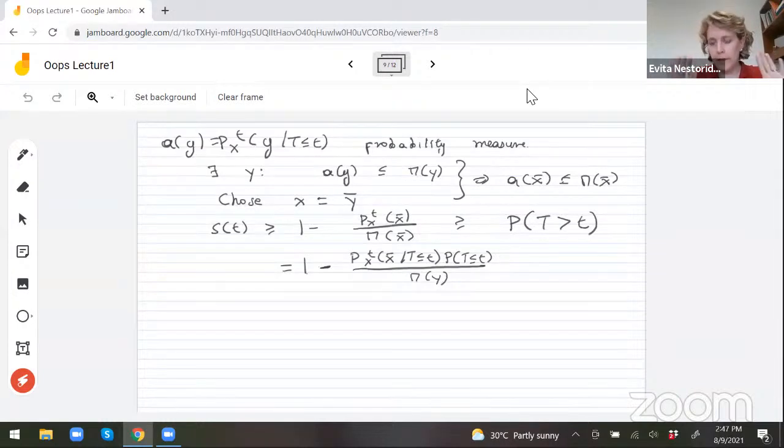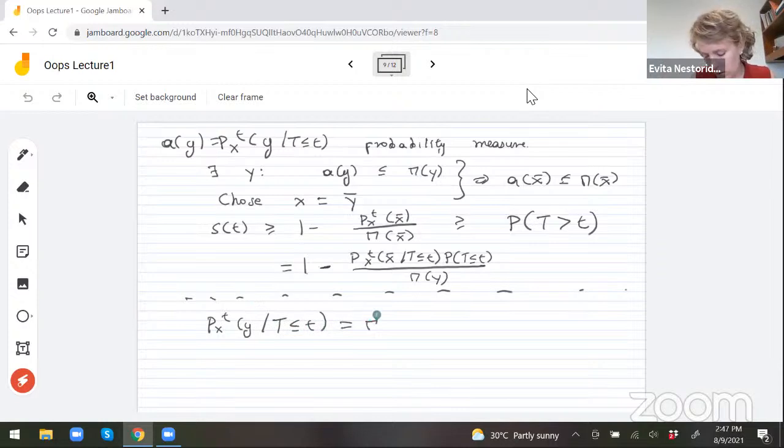So the main idea is the same. What Phil did is something more delicate than what I said. He said that this quantity over here is actually always equal to pi of y in this Kirchhoff.